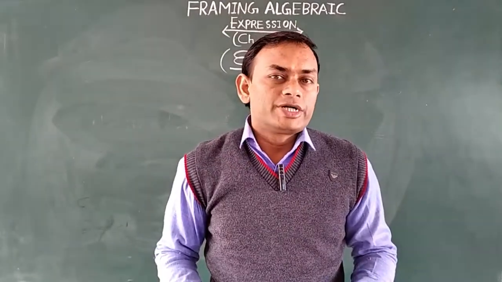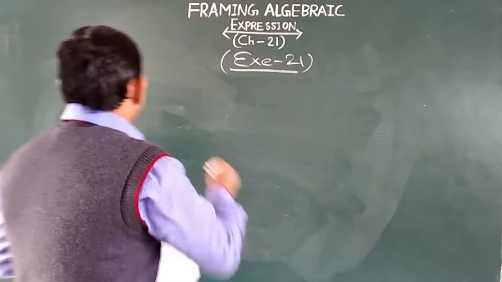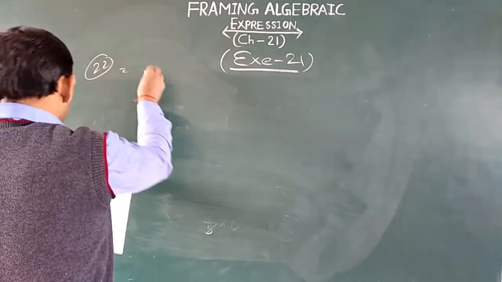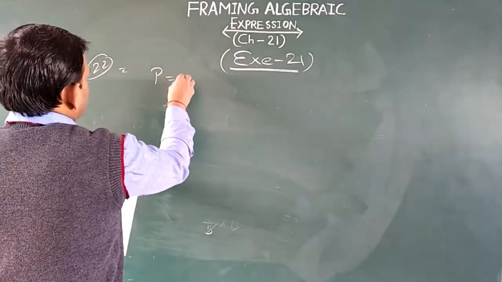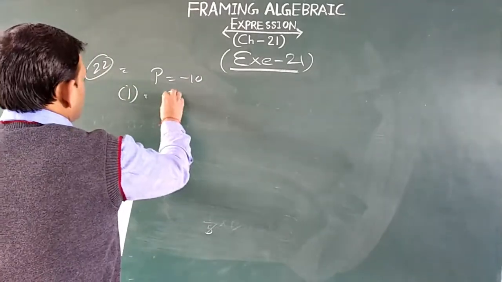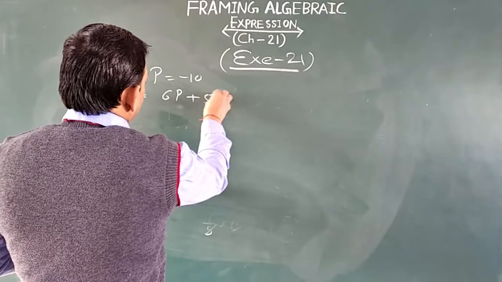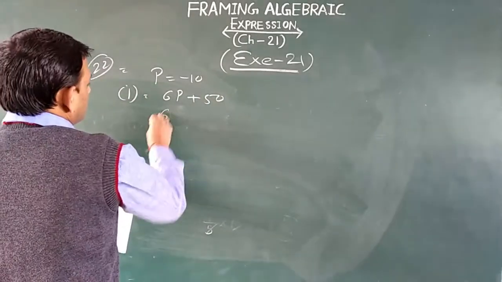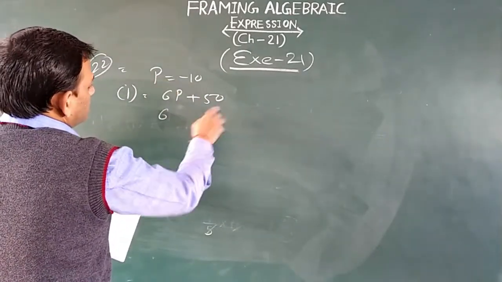Now the question number 22 I am just going to tell you. Question number 22. Here the value of p is given, minus 10. I am telling the first part of this. So you have to find the value of 6p plus 50. So you will put the value of p in this algebraic expression.